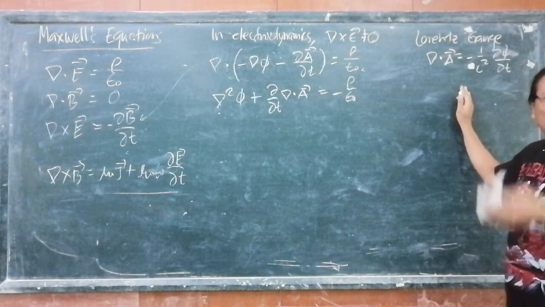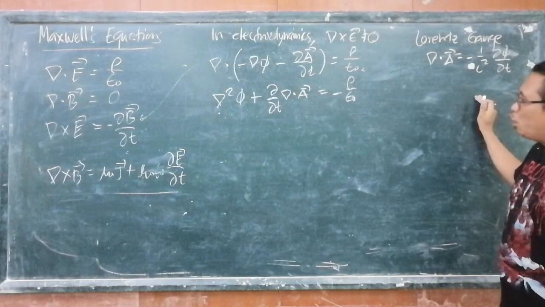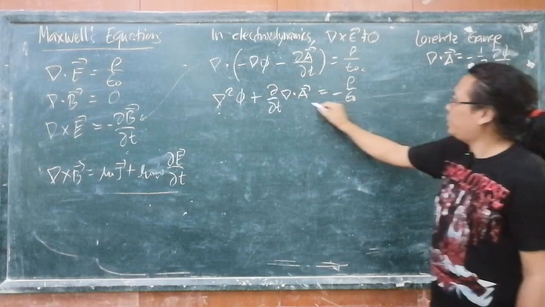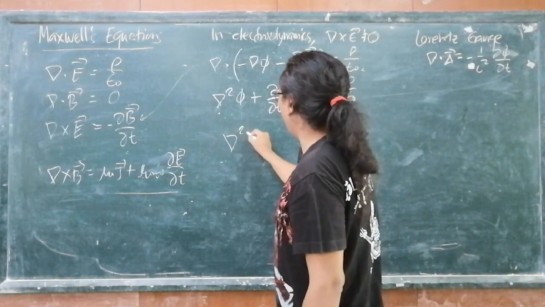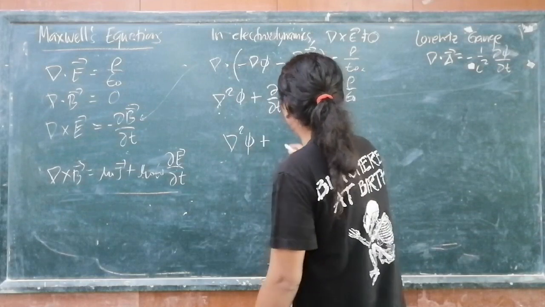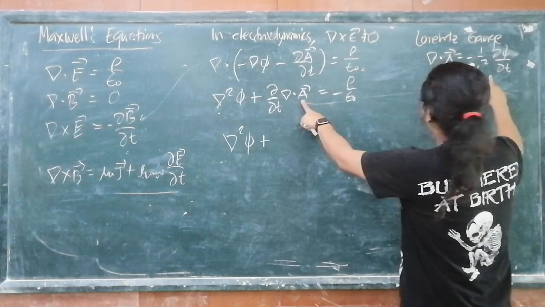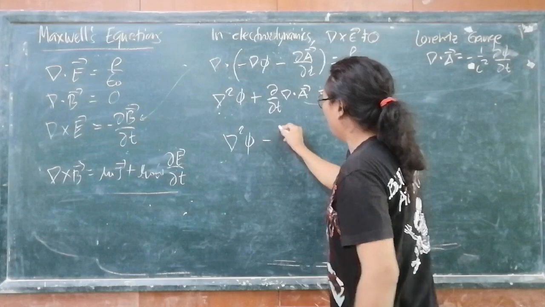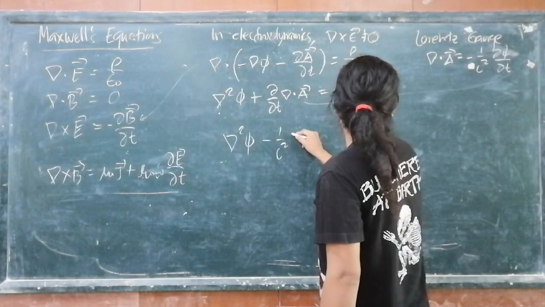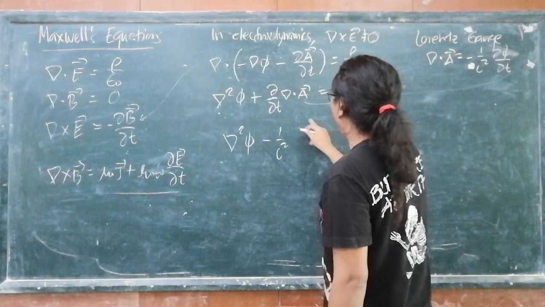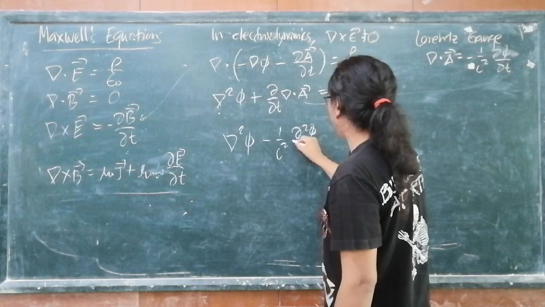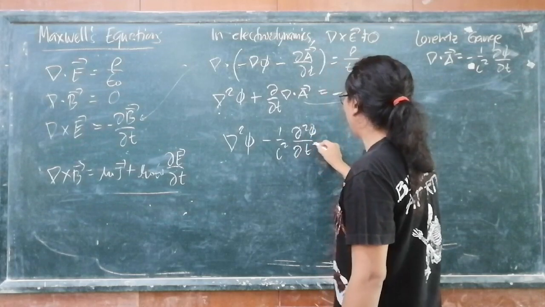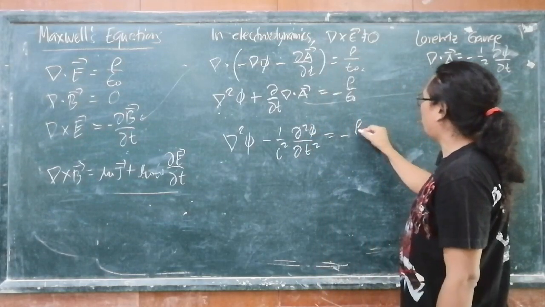But anyway, mu naught epsilon naught is 1 over c squared. So what happens to this one is: del squared phi minus 1 over c squared partial squared phi over partial t squared equals minus rho over epsilon naught.